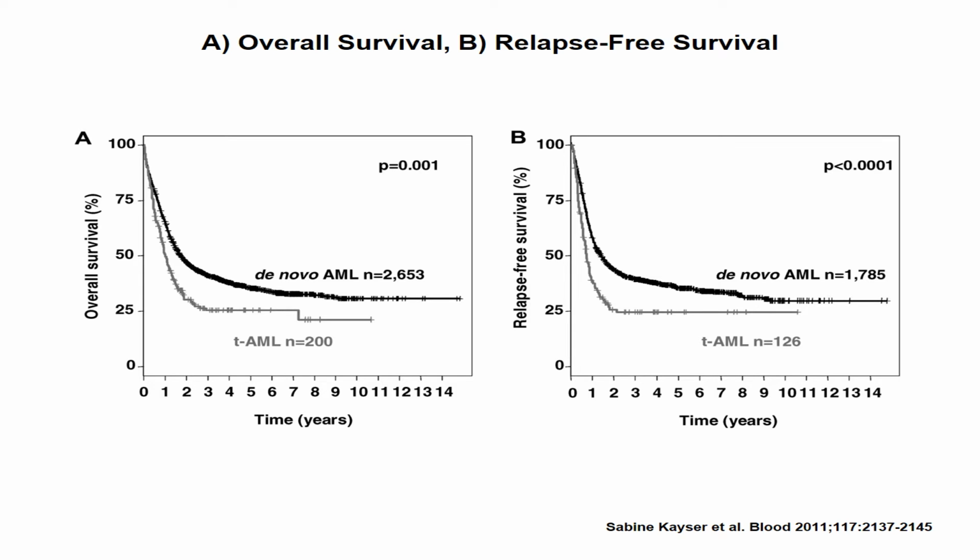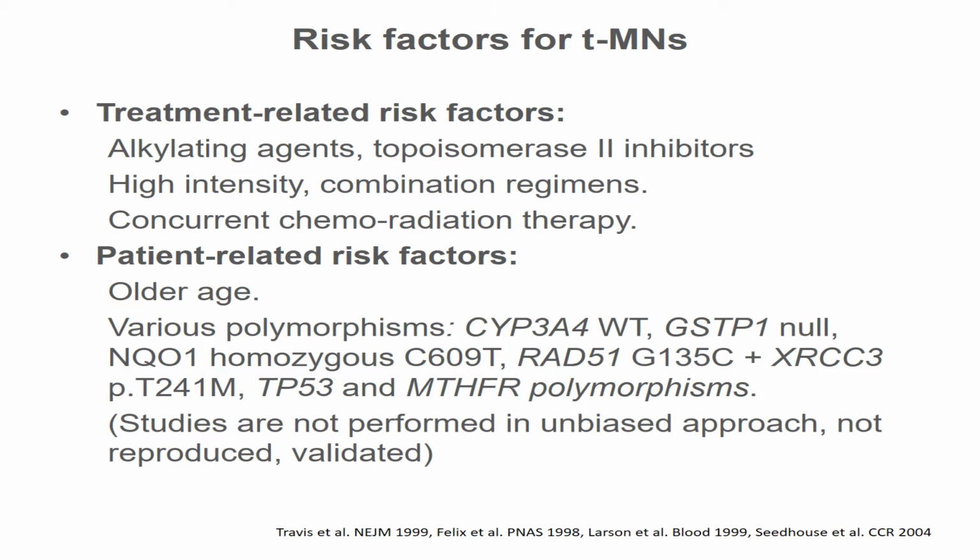This is a study from one of the German cooperative groups, again looking at the therapy-related population. And you can see the distribution of cytogenetic abnormalities between therapy-related patients and de novo patients is very different. A much higher incidence of normal karyotype in de novo patients, and much higher incidence of MDS-related cytogenetic abnormalities, typically 7 and 5 abnormalities in the therapy-related population.